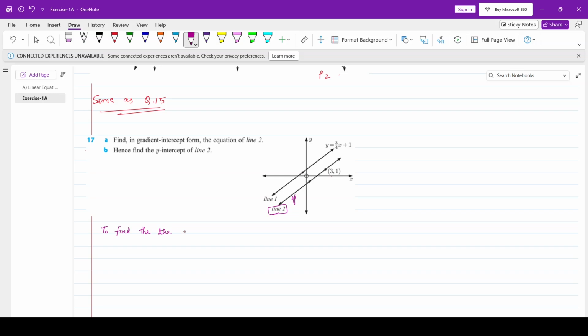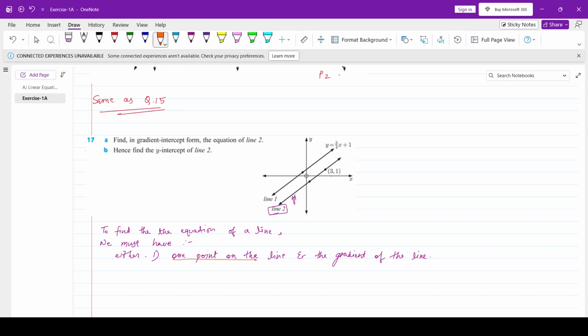To find the equation for a line, we must have either one point on the line and the gradient of the line, both.